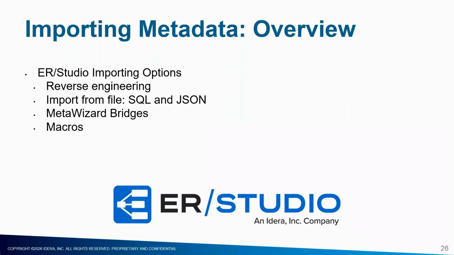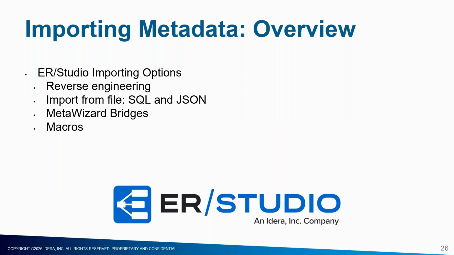So I'm just going to bring up my summary slide, and then I'm going to take a look to see if we've got any questions that haven't been answered in the background. But what we've looked at in the session today: the different options for bringing information into ERStudio and creating objects within the data model.